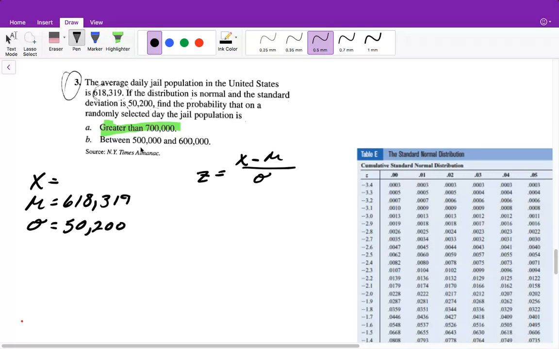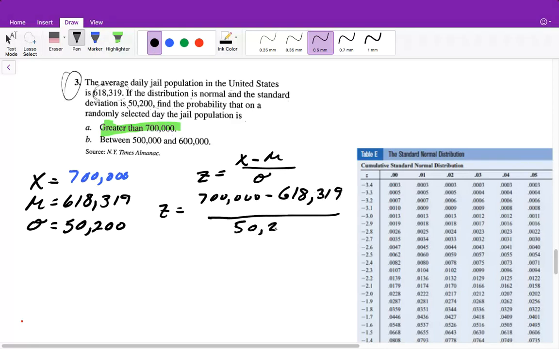And our x, our value that we are focusing on, what we're solving the probability for, is that 700,000. So we will then substitute it in. Z is equal to 700,000 minus 618,319, all divided by 50,200.